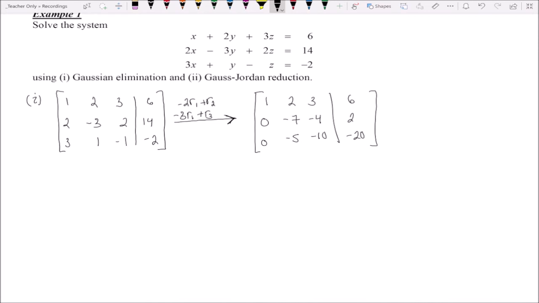However, take a look. If we multiply the second row by negative 1/7, we're going to have a bunch of fractions, which are not fun. But if we multiply row 3 by negative 1/5, we get no such fractions. So what I'm going to do is flip row 2 with row 3.